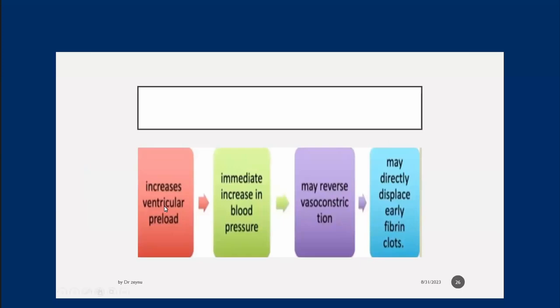Whenever an increase in ventricular preload leads to an increase in blood pressure, it may reverse the vasoconstriction and displace the early fibrin clot. The clot will be popped out and bleeding will be worsened. For that matter, the permissive hypotensive resuscitation principle should be used to keep the blood pressure in the low normal range. Our only focus is perfusing the vital organs till the bleeding is controlled.